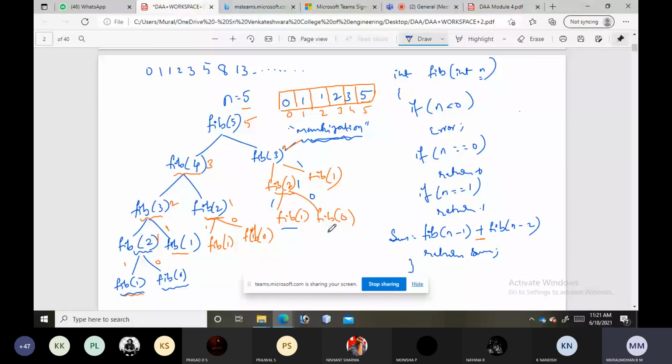All these are overlapping subproblems. Whenever overlapping subproblems are there, once one subproblem is solved, the same solution can be used for all other overlapping subproblems by using the memoization concept.